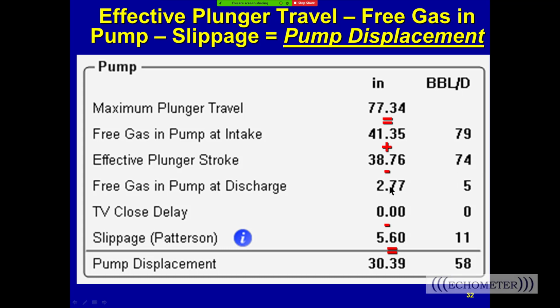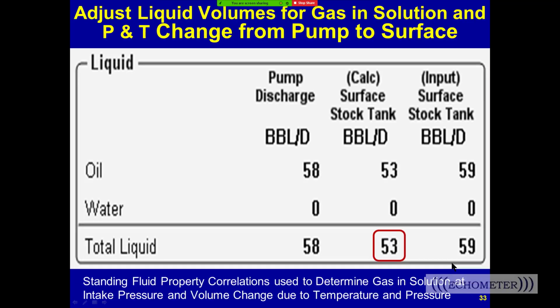You have to take away the free gas, which is 5 barrels, and then you have to subtract the slippage, which is 11 barrels, and that gives us a pump displacement of liquid at the pump conditions of 58 barrels per day.